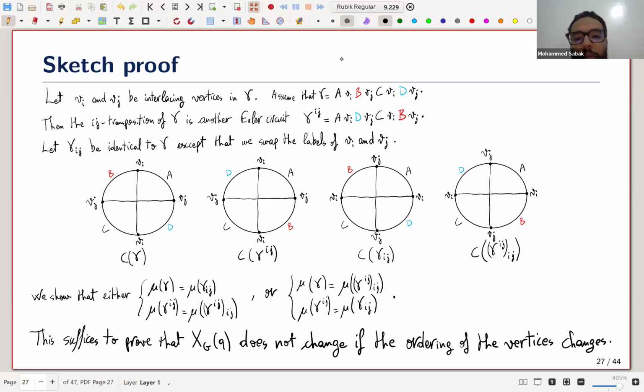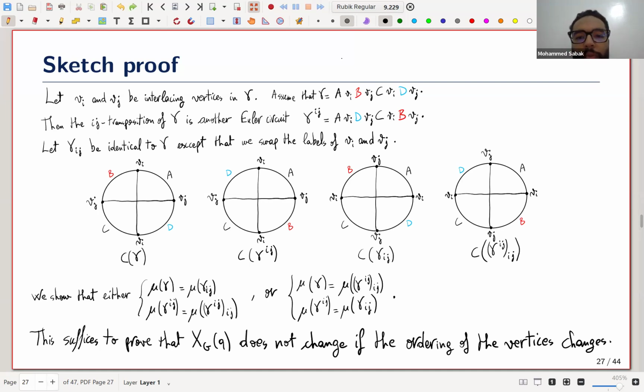These are operations which one can do on Euler circuits. So if Vi and Vg are interlacing in gamma, and if gamma is written as such, let's say we have something here, a sequence, an alternating sequence of edges and vertices.